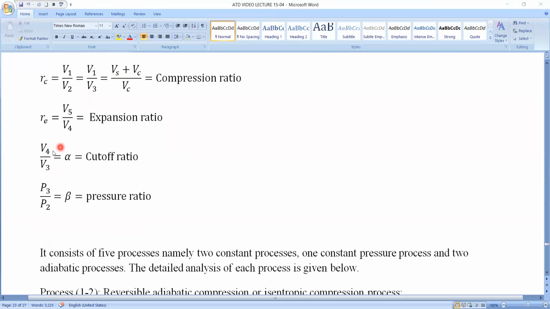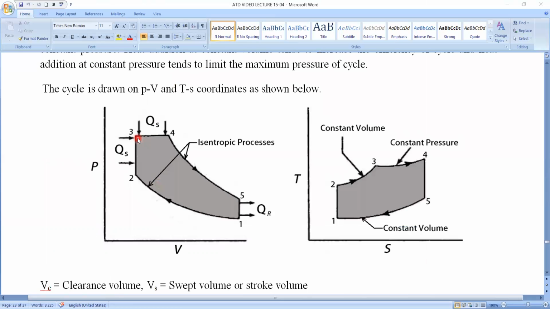Fine. Now V4 by V3. So 3 to 4 is also the heat addition process, which is at constant pressure, the constant pressure heat addition. Now the volume at the end of heat addition to the volume at the beginning of heat addition, that is V4 by V3, is nothing but the cutoff ratio, as we have seen in the diesel cycle also.